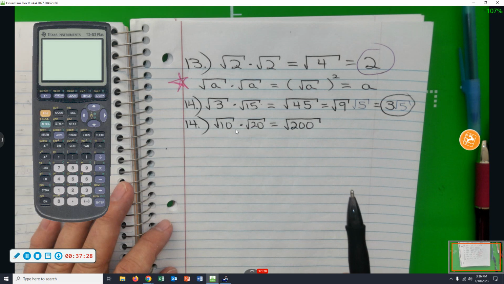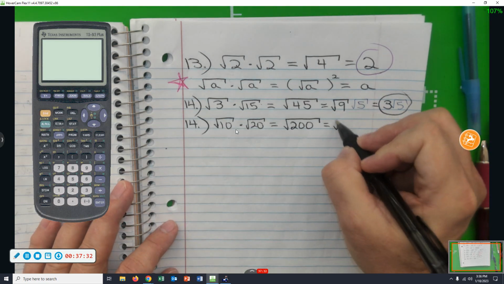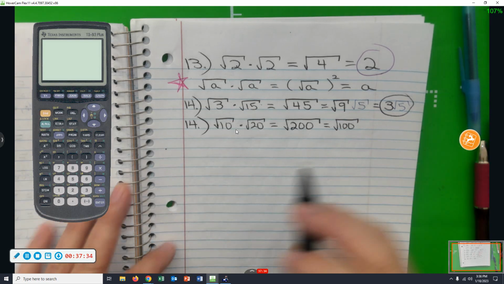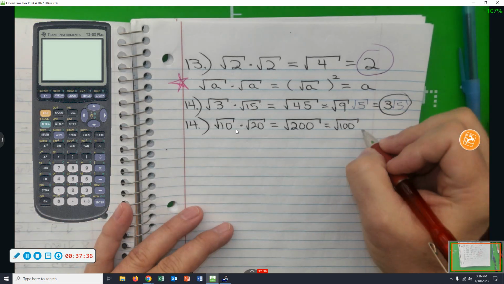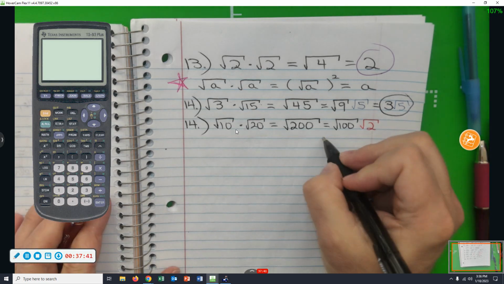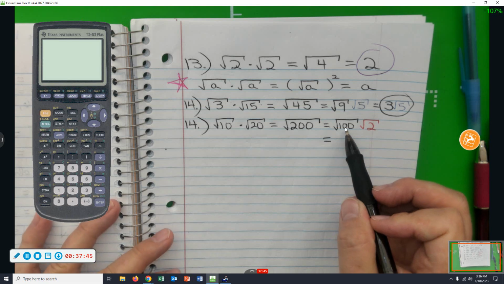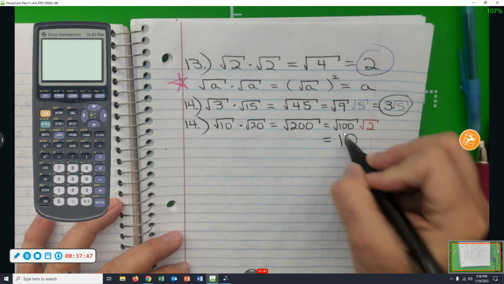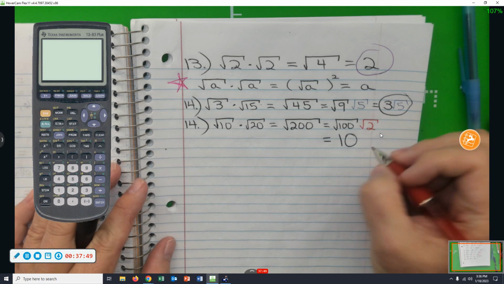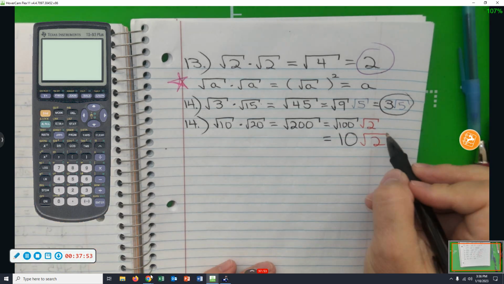It should be obvious: 100. So you have the square root of 100 times the square root of 2. And that's the step that a lot of times students want to say, oh, I don't need to show that. The square root of 100 becomes 10. And we have the square root of 2 attached to it. 10 times the square root of 2.